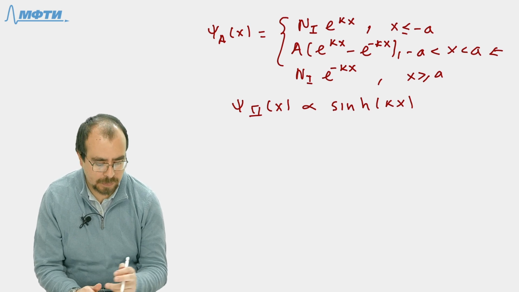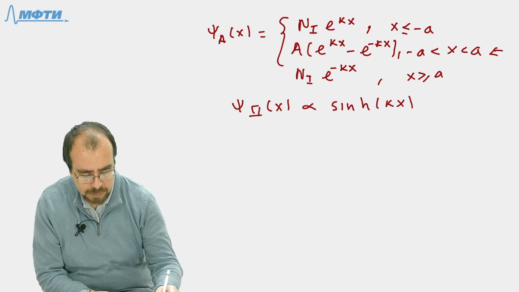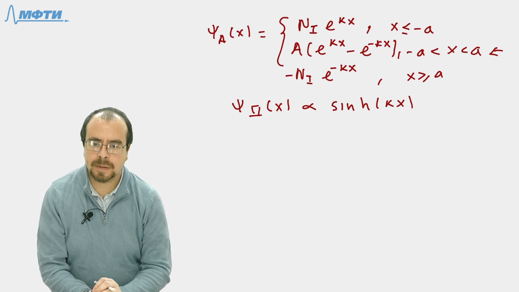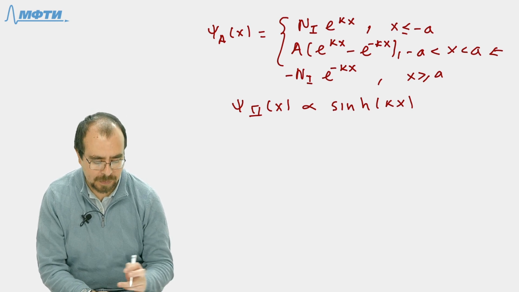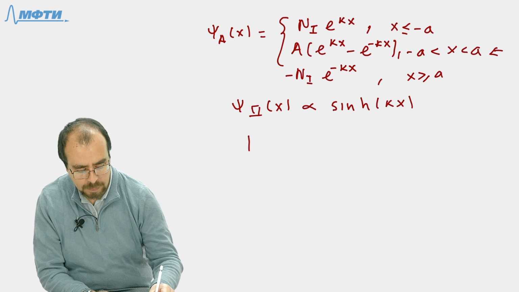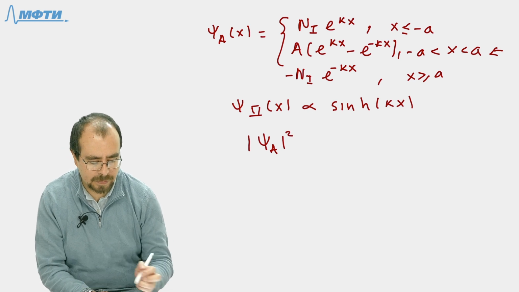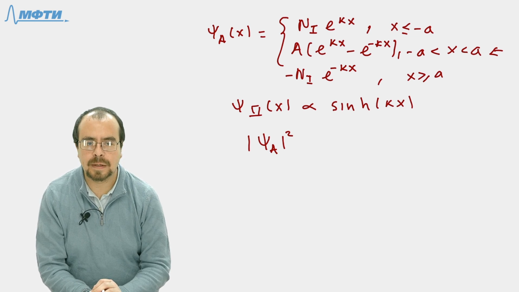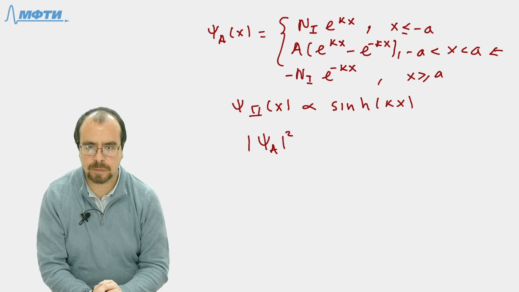In order to be completely antisymmetrical, it should be minus n1. But what I was actually thinking of was the probability. In the probability, this sign will disappear, but the sign in the minus k will survive. So yes, you're right. To be completely antisymmetrical, it should be minus n1.